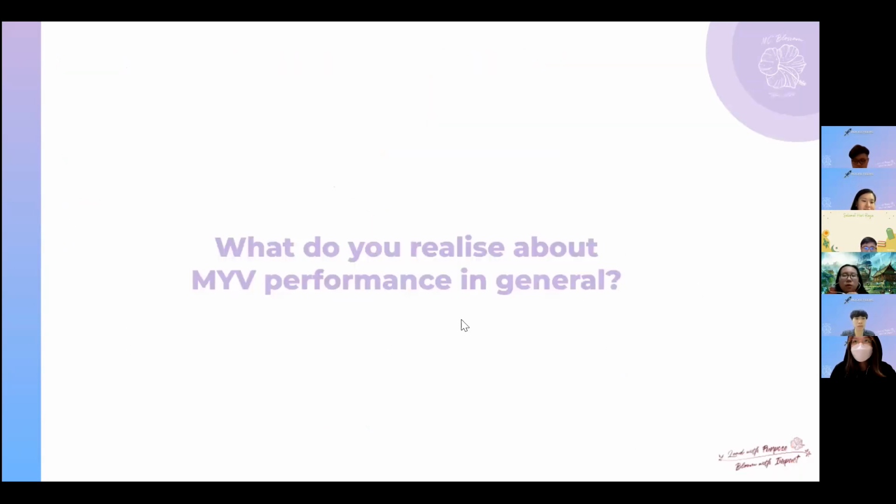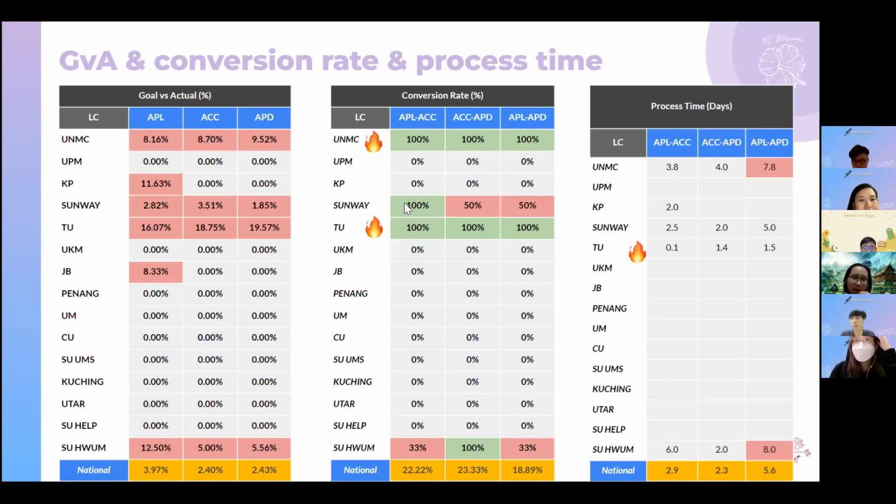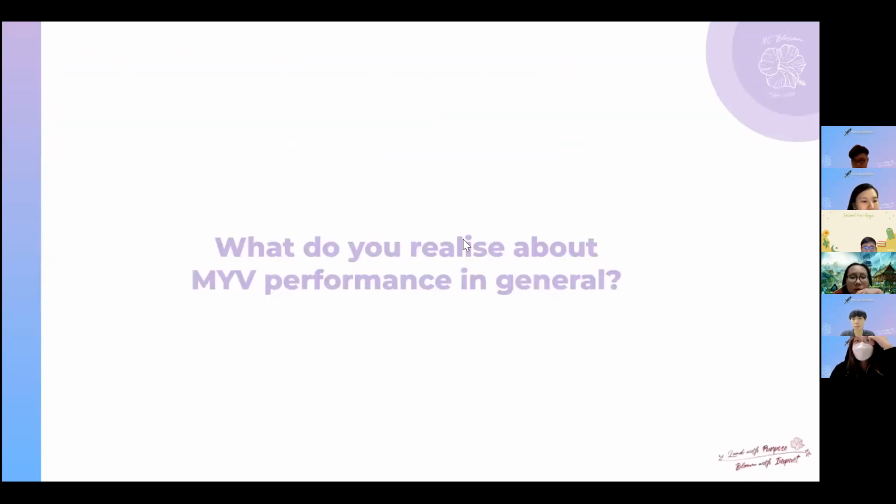After I present these 3 slides, I will briefly talk about the highlighted data that I would like you all to be aware of. I would like you to think about what you realize about NYV performance in general. Can someone share with me? After I share so much, I talk so much.